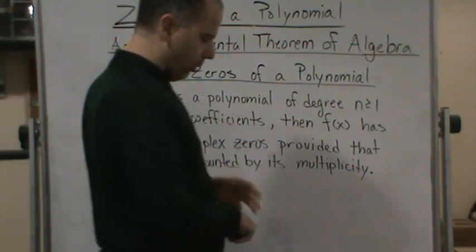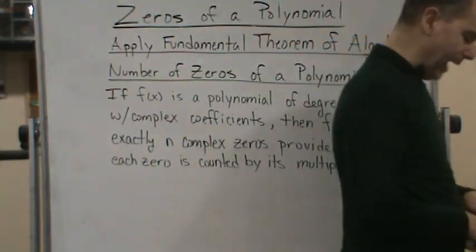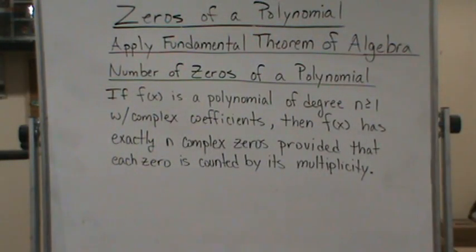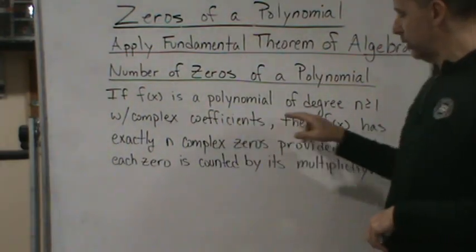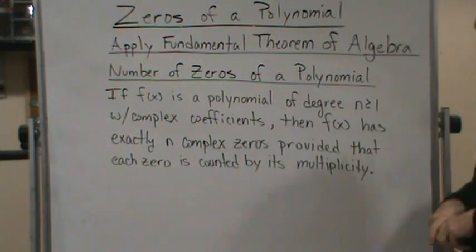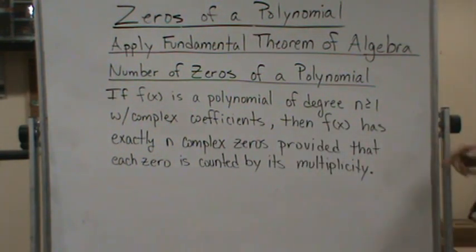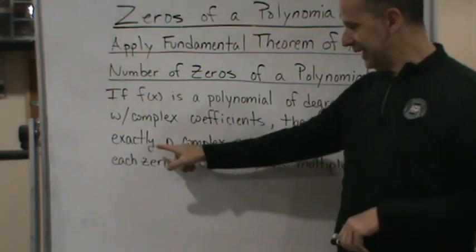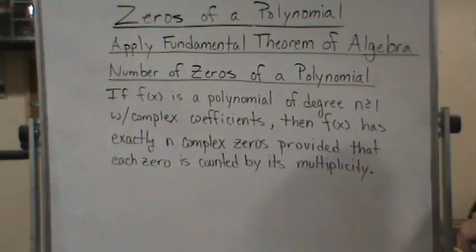Okay, so based on that, we can say that if f of x is a polynomial of degree at least 1 with complex coefficients, then f of x has exactly n complex zeros.